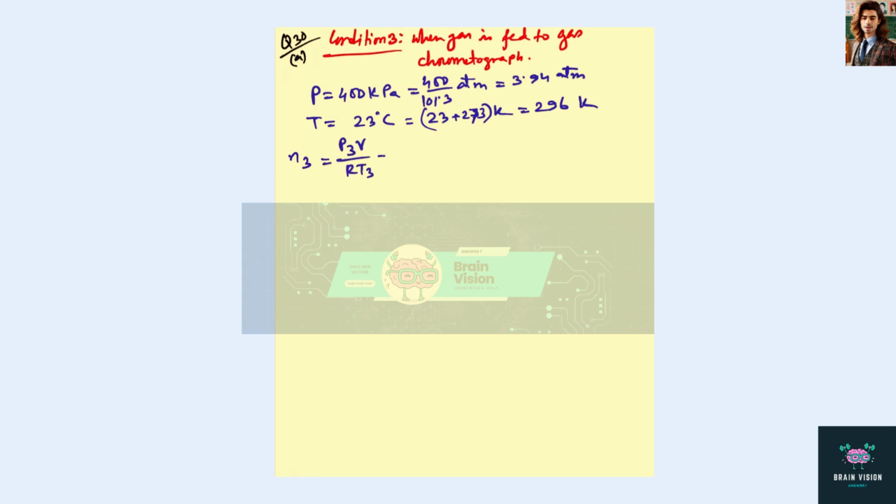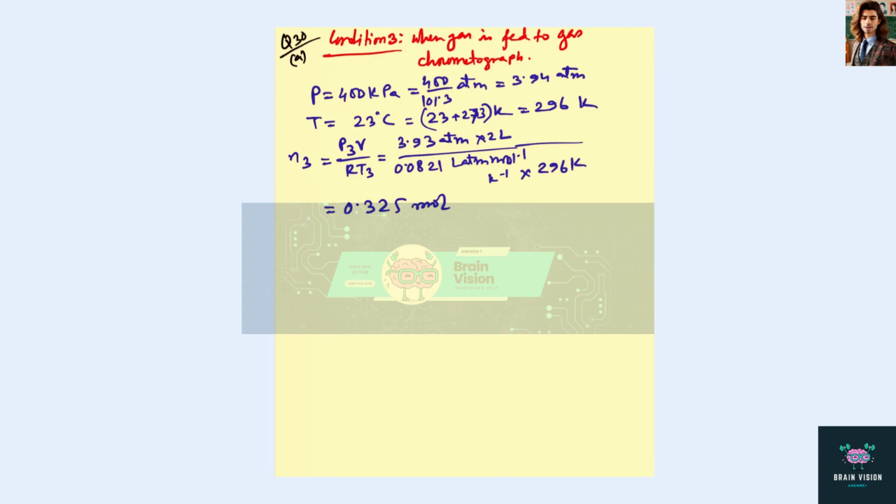Therefore, the number of moles is 3.93 atm multiplied by 2 liter divided by 0.0821 multiplied by 296 Kelvin, and the number of moles we get is 0.325 moles.